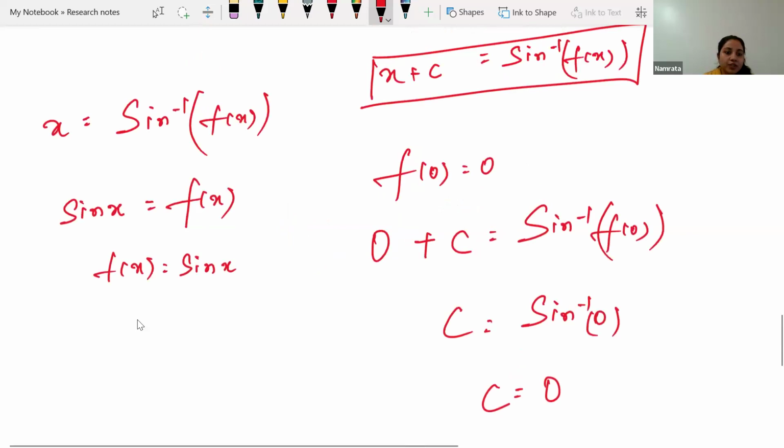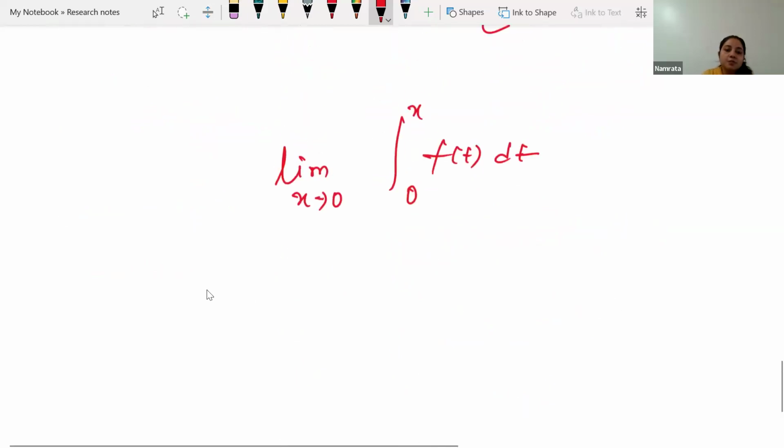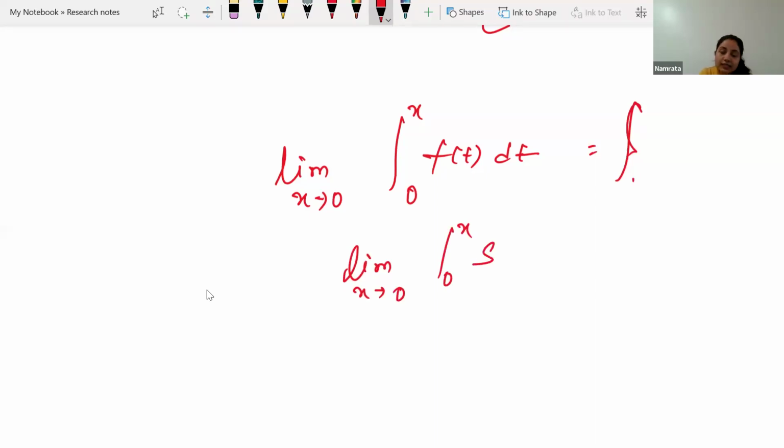Okay, here we got f of x is sin x, so f of t will be sin t, right? So here we will be substituting that. So here we can write limit x tends to 0, integral 0 to x of sin t dt.